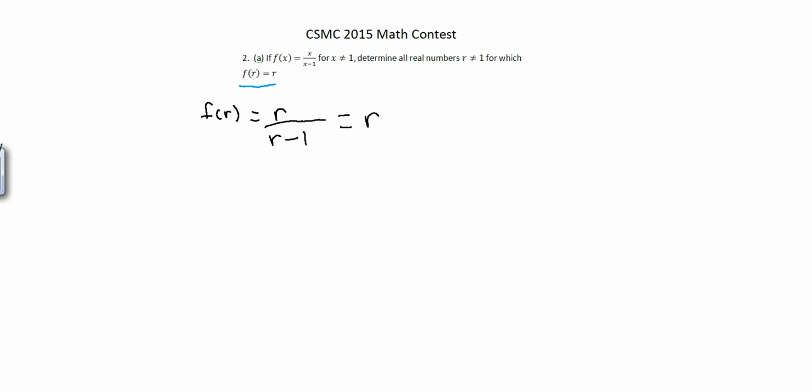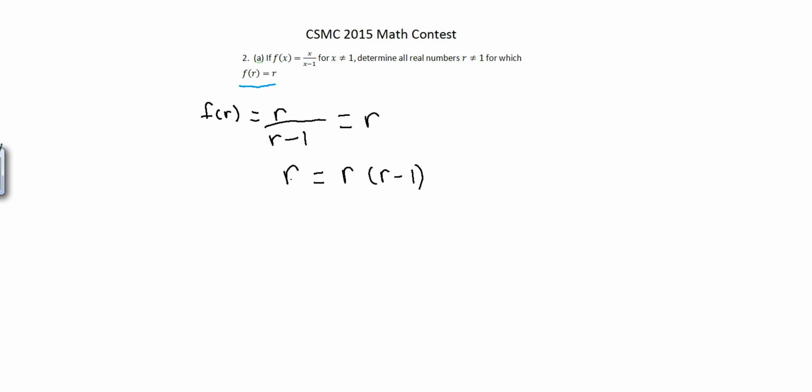Okay, so let's try to solve this equation for r now. I want to get rid of this denominator, so I'm going to multiply both sides by r minus 1. So I get r equals r times r minus 1. We don't actually need the f of r here on the side.